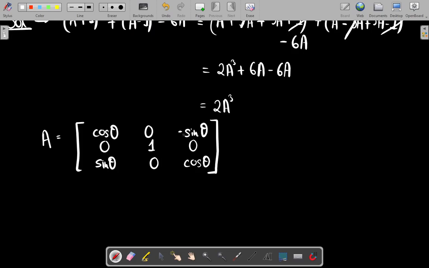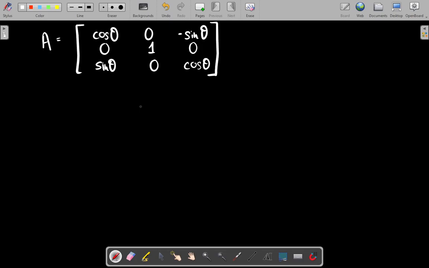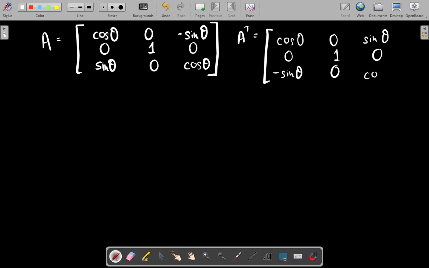So let me try to check if it is orthogonal or not. A transpose will be the matrix in which the rows and columns are swapped. So the first row will be the first column: cos theta, 0, sin theta. Then the second row is 0, 1, 0, and the third row is minus sin theta, 0, cos theta.